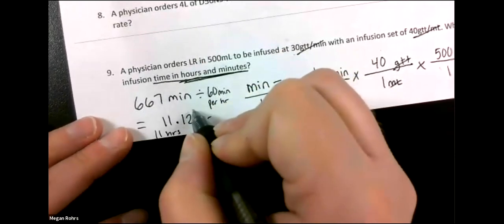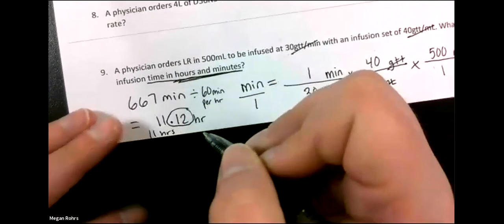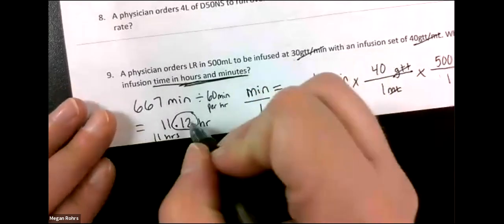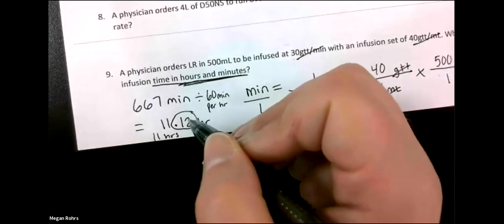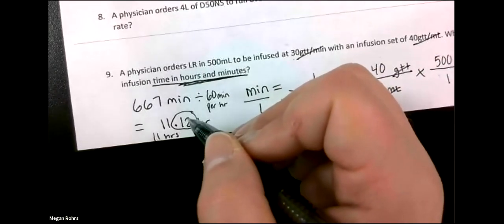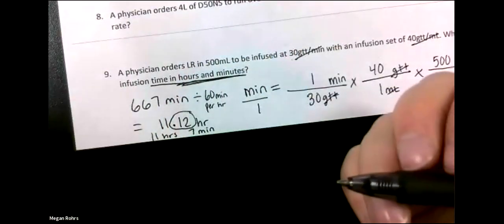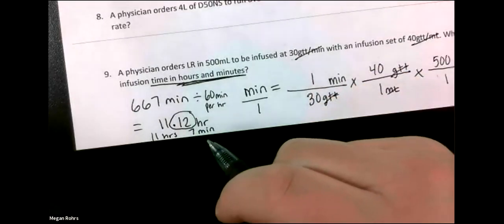And then once again, to convert a decimal in hours back into minutes in this case, remember we can multiply this by 60. So 0.12 times 60, that gives me roughly 7 minutes. Comes out to 7.2. We'll just round to the nearest minute here.